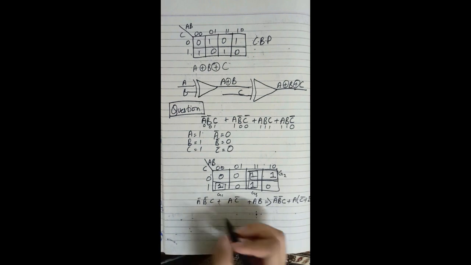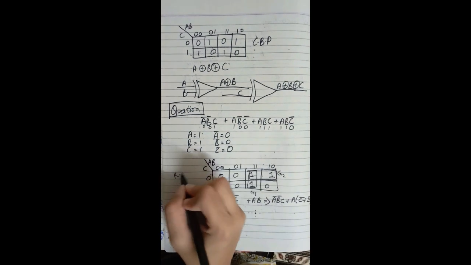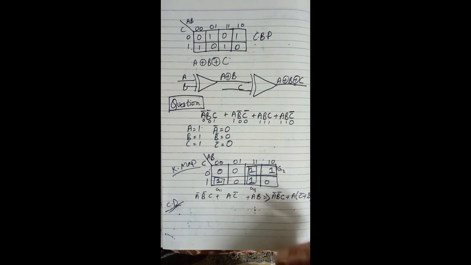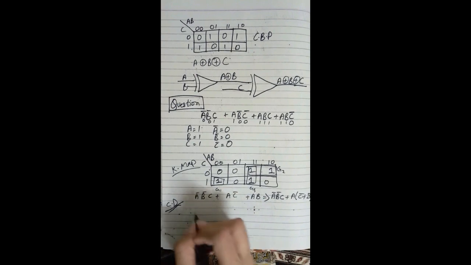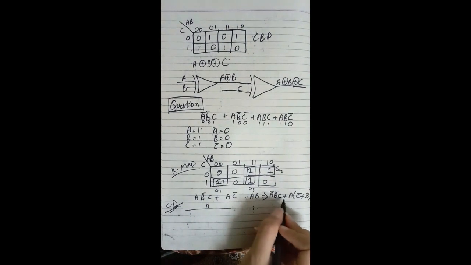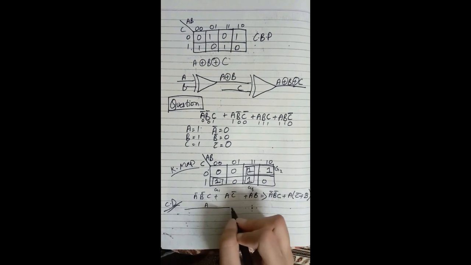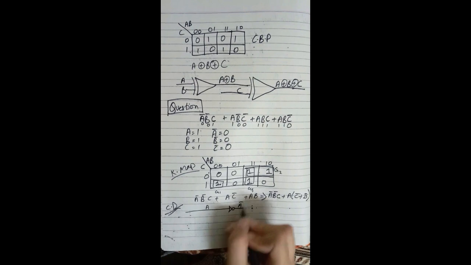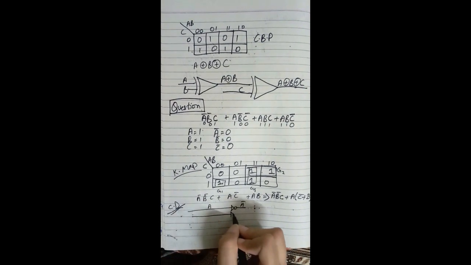Now we will make the circuit diagram for it. This is the K-map, and now we will draw the circuit diagram. Okay, so we have A. First we are drawing the A bar, B bar, C. We will add the NOT gate. It will be A bar. Then we will draw the B bar.